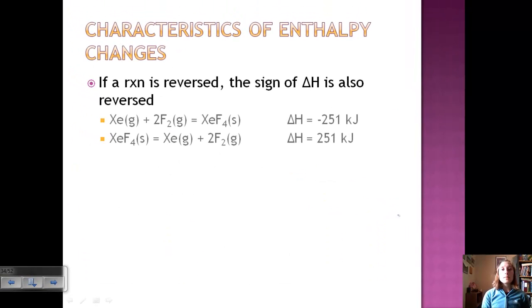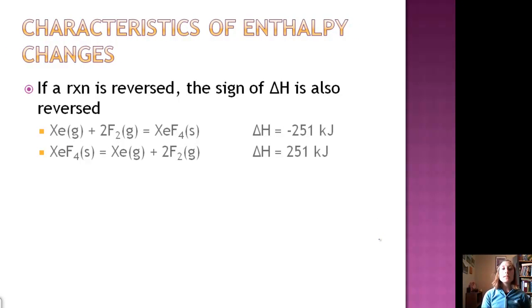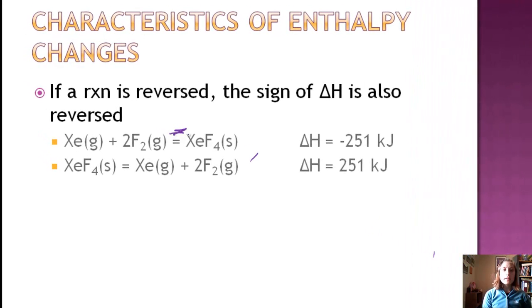Let's look at some characteristics of Hess's Law and these enthalpy changes. There are some things you need to keep in mind. If we reverse the reaction, if we take our reactants and make them products, and take our products and make them reactants, then the sign of delta H is also reversed. Here we've got this reaction going this direction, producing XeF4.